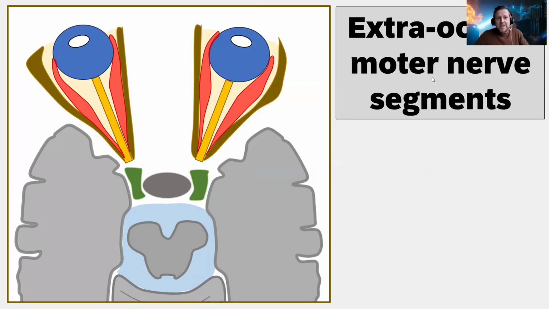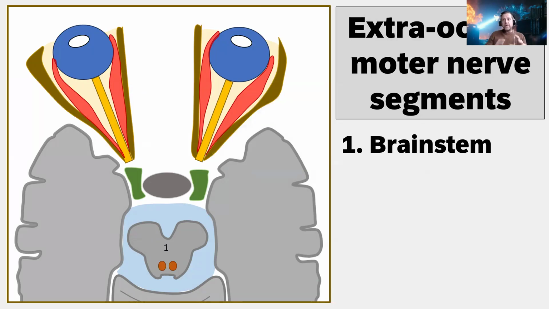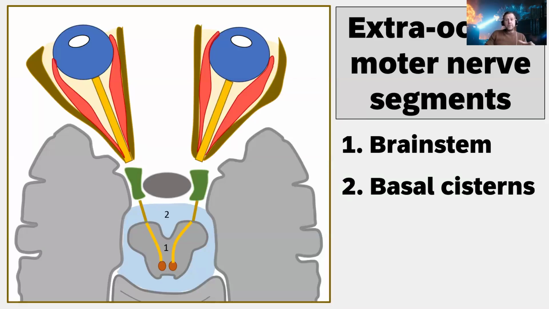Oh yeah, anatomy. So to make it easy, we're going to split up the extraocular cranial nerves in various segments. We have the brainstem segment, so the part of these cranial nerves located in the brainstem. Then we have the cisternal segments, those are the parts of the cranial nerves located in the basal cisterns.